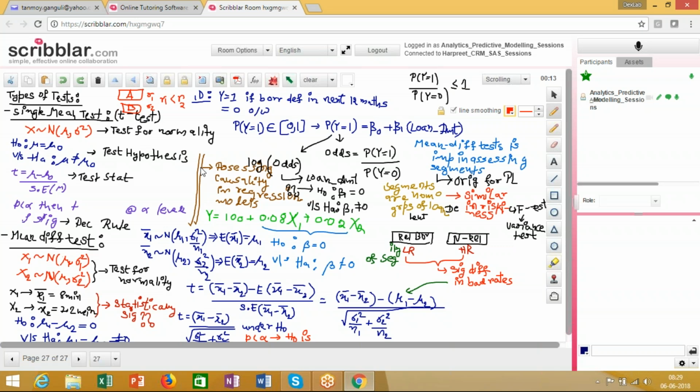Ideally, mean difference tests cannot be implemented to do a segmentation. Segmentation is done using a decision tree.